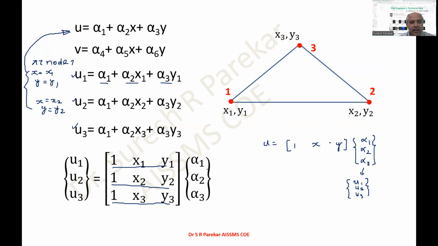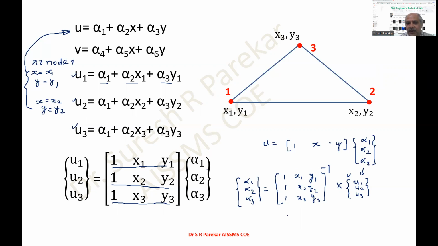For this, alpha 1, alpha 2, alpha 3 equals the matrix 1, x1, y1; 1, x2, y2; 1, x3, y3, and then we have the inverse of this multiplied by u1, u2, u3.